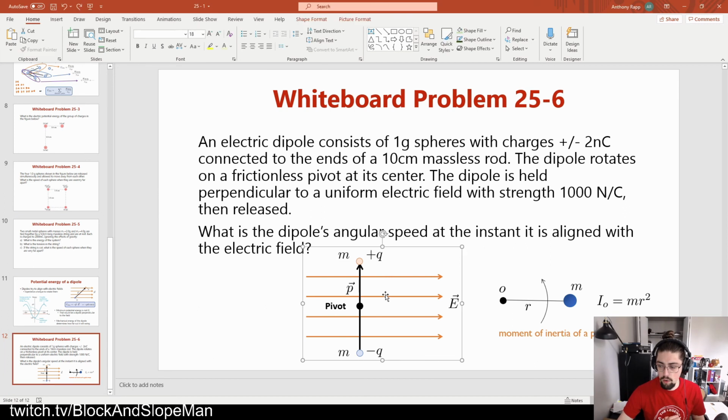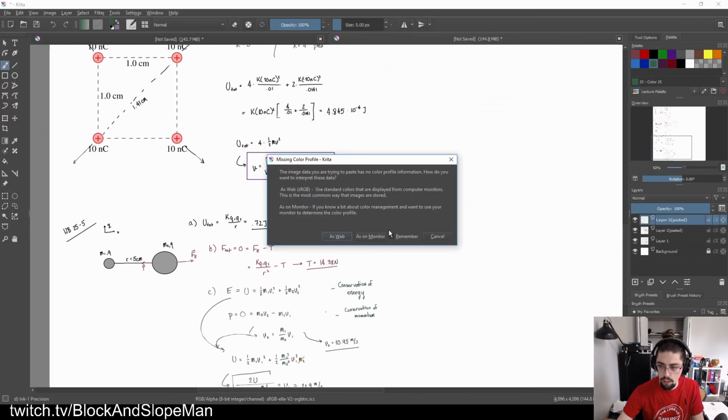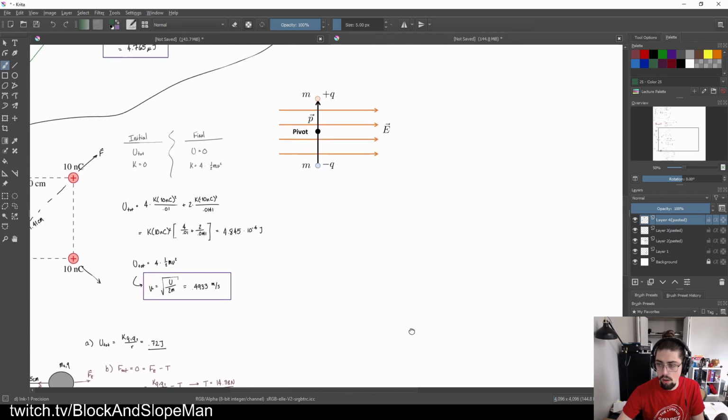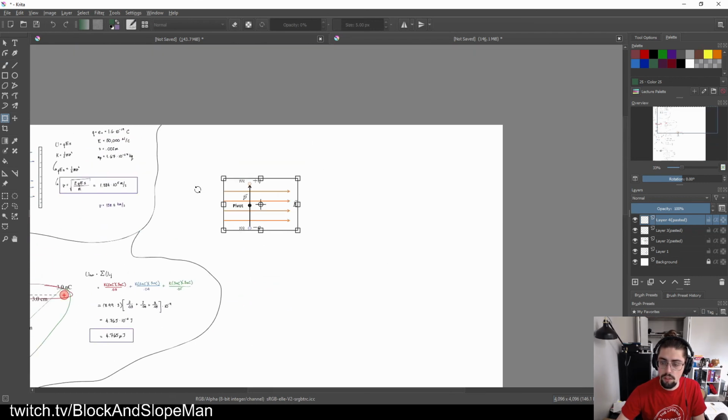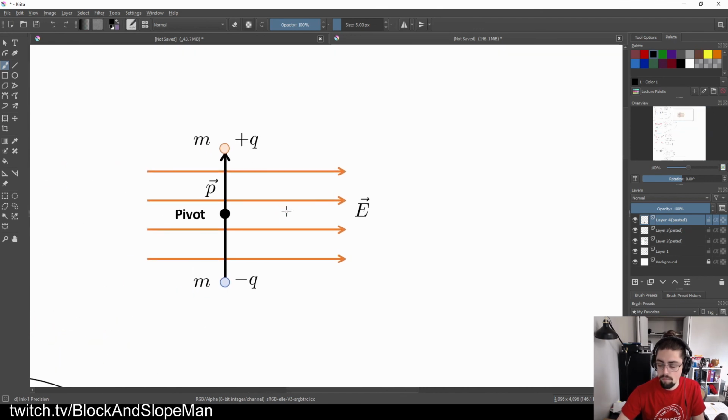All right, let's go ahead and start taking a look at this thing. So I'm going to steal this picture, make it a little bit easier to see, and I'll go ahead and draw all over this thing. As I was saying before, when we're thinking about this thing, when it starts, I have a potential energy of 0.